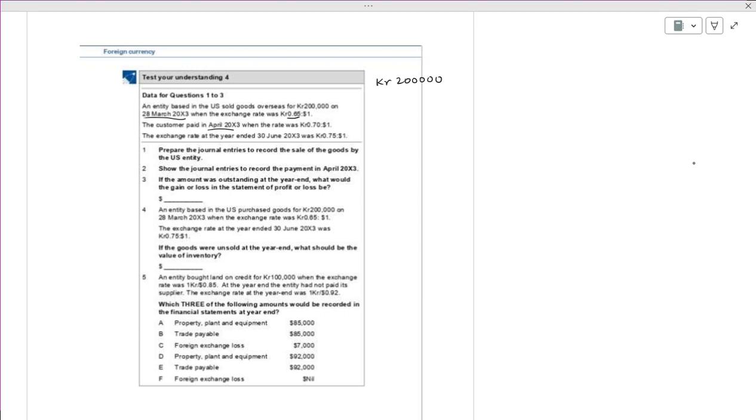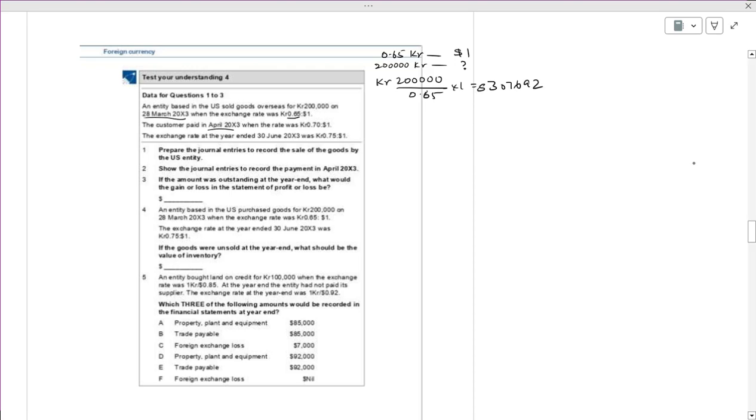See, I am writing for your convenience. 0.65 KR equal to $1. 200,000 KR equal to what? 200,000 divided by 0.65 times 1. How much do you get? 307,692.